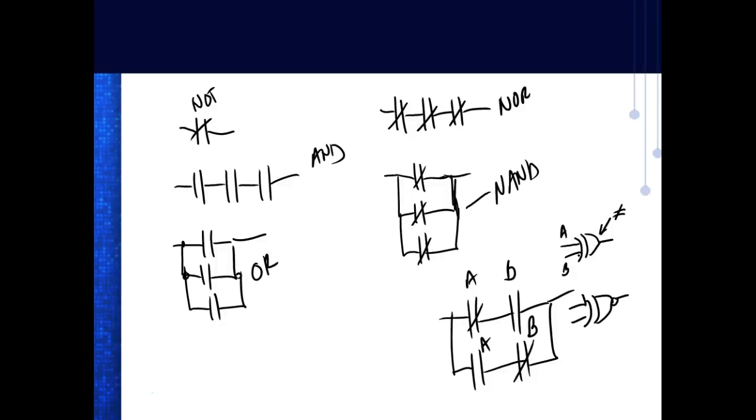If the inputs are equal, the output will be low. That's the exclusive OR. The exclusive NOR says if the inputs are not equal, the output will be low. If the inputs are equal, the output will be high. So that little bubble right here is telling you what you get if the inputs are not equal.